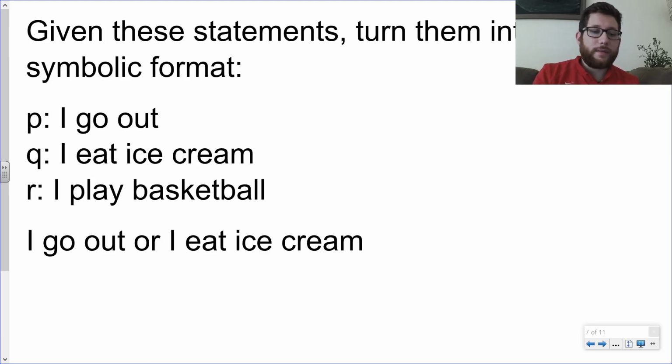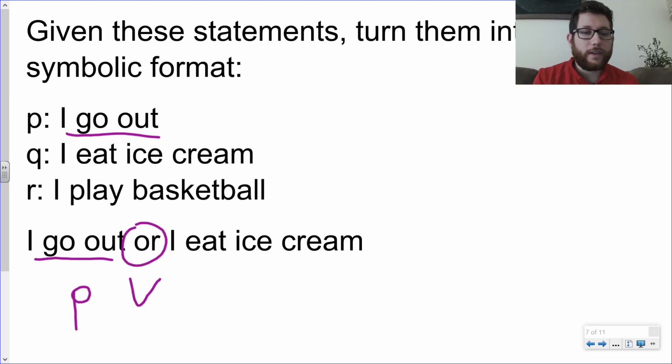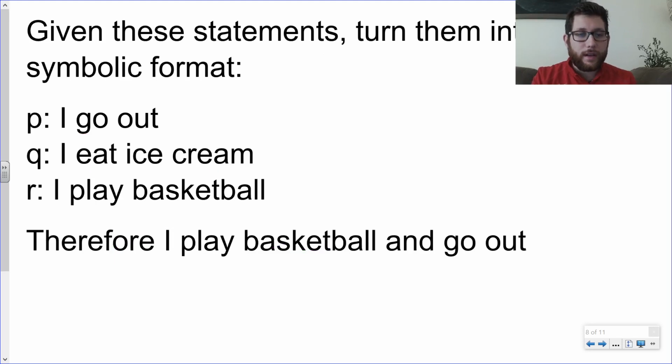So notice the statement is I go out. What is that? That's a P statement, right? Oh, this word or. Okay, that's going to be the regular looking V. And then eating ice cream. That's my Q statement. All right. Hopefully that feels all right. Let's take a look at the next one.